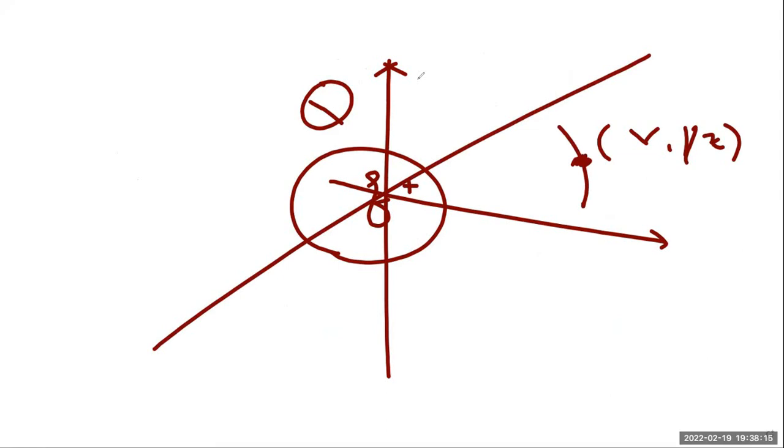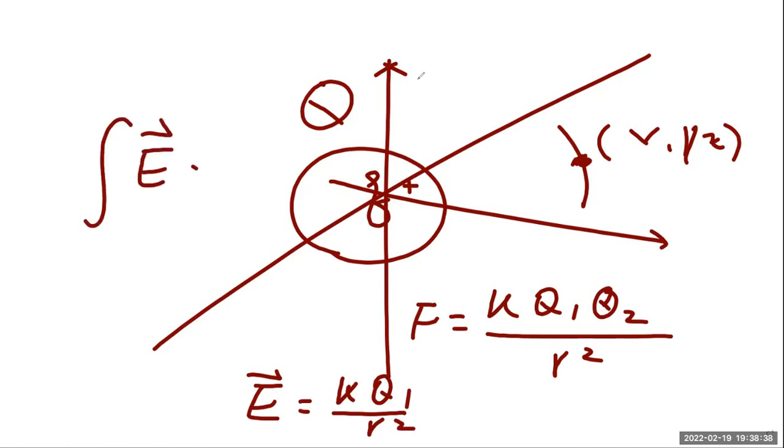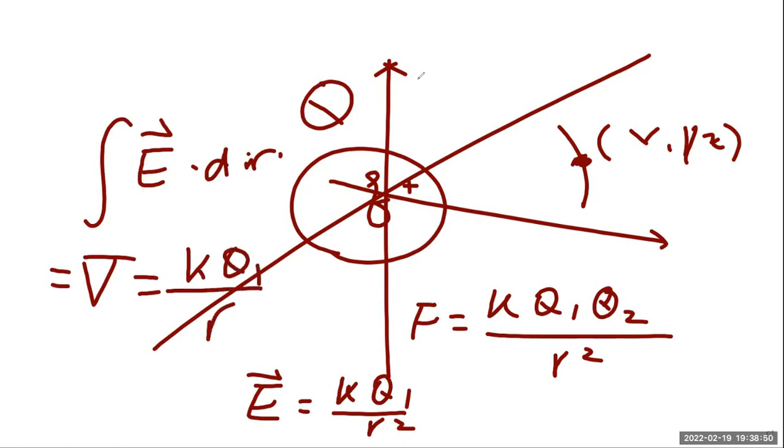Because the electrical force equals kQ1Q2 divided by r squared, and the electrical field is kQ1 over r squared. You take the integral of that with respect to radius r, and it becomes your voltage. That should be the voltage level: kQ1 over r. Is that okay?